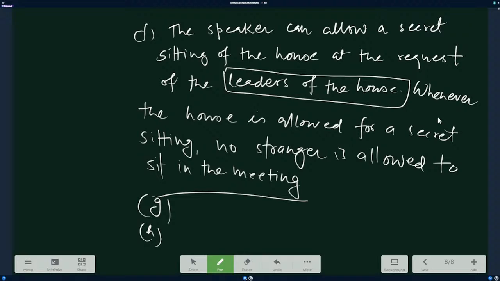It used to be. I told you about how many court cases, 3-4 cases. Earlier the speaker's power regarding disqualification of its member was final. But the Supreme Court said that no, the speaker's decision is under the purview of judicial review.